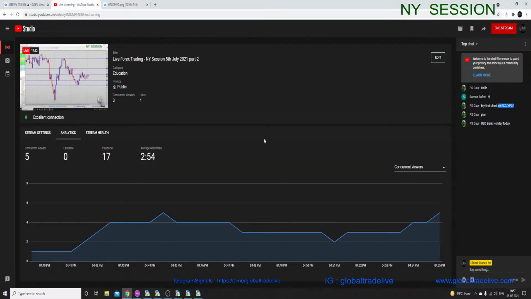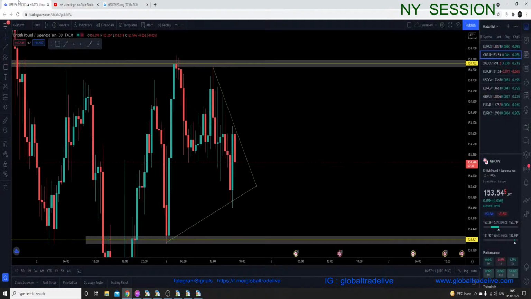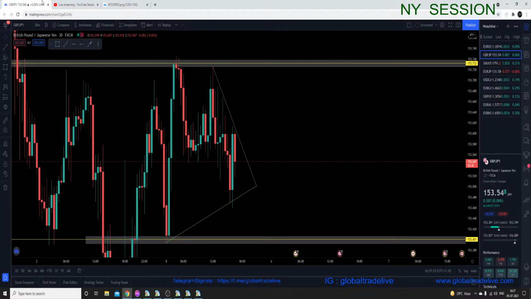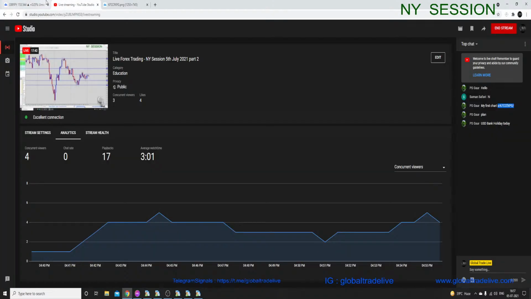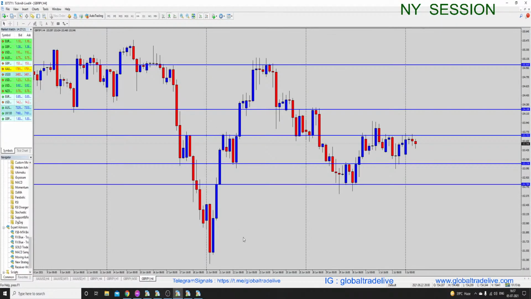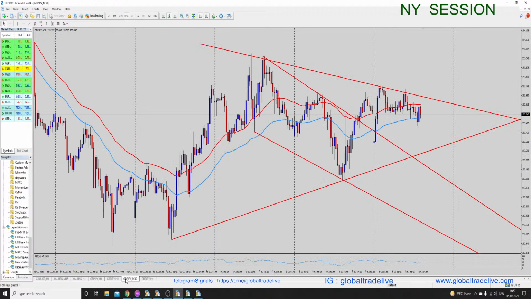USD bank holiday today. Okay. But I think that movement is going to happen in the market, because look, the market is ranging.